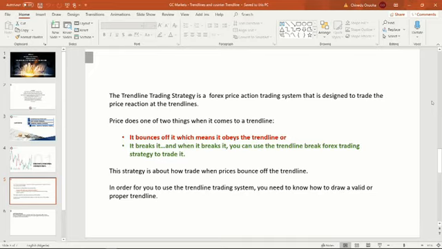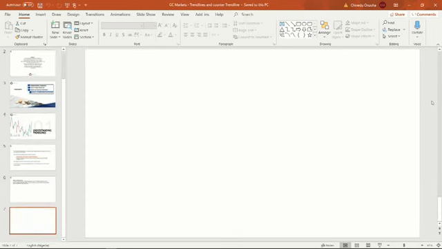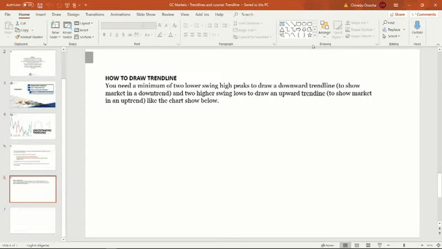But when it breaks the trend line, the river reverses and starts going in the other direction. There are two different trading strategies, but for this course, we'll be focusing mostly on the trend line and how it works in terms of obeying the trend line. Let me pull up a blank screen so we can do some drawing on it.